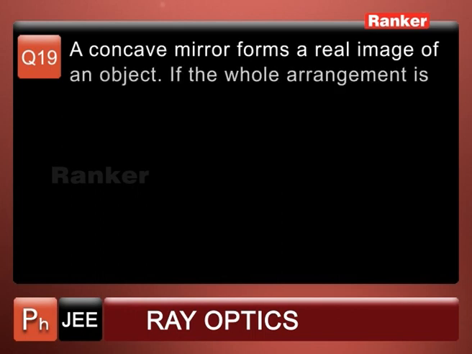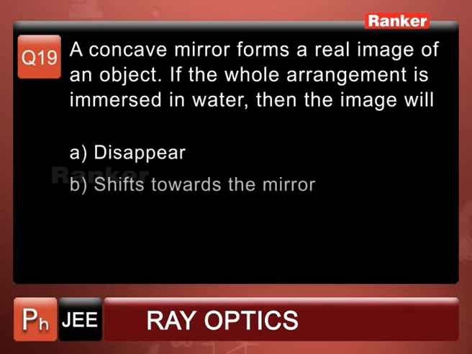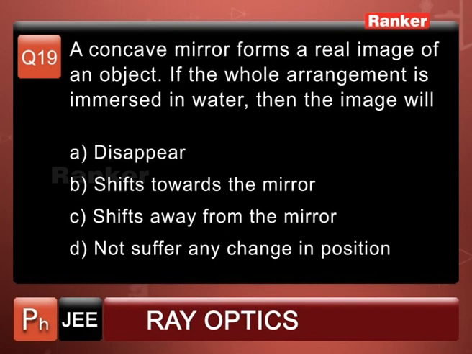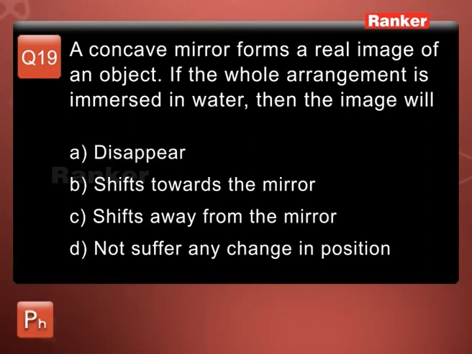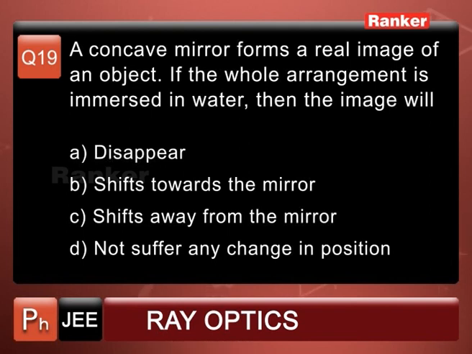A wonderful question, theoretical concept of course is involved there. A concave mirror forms a real image of an object. If the whole arrangement, not a part of that arrangement please, remember, if the whole arrangement is immersed in water, then the image will, that is the question, of course he has given 4 options. The image will disappear, that is the first option.